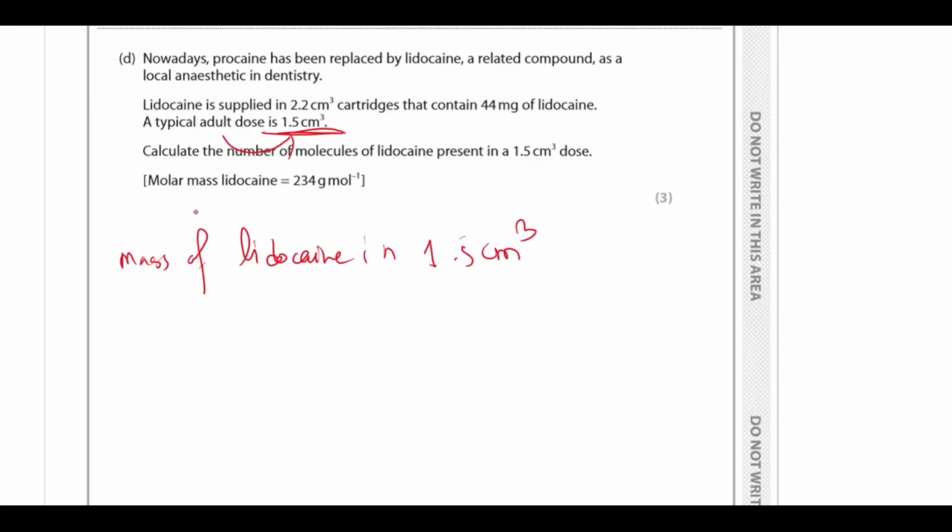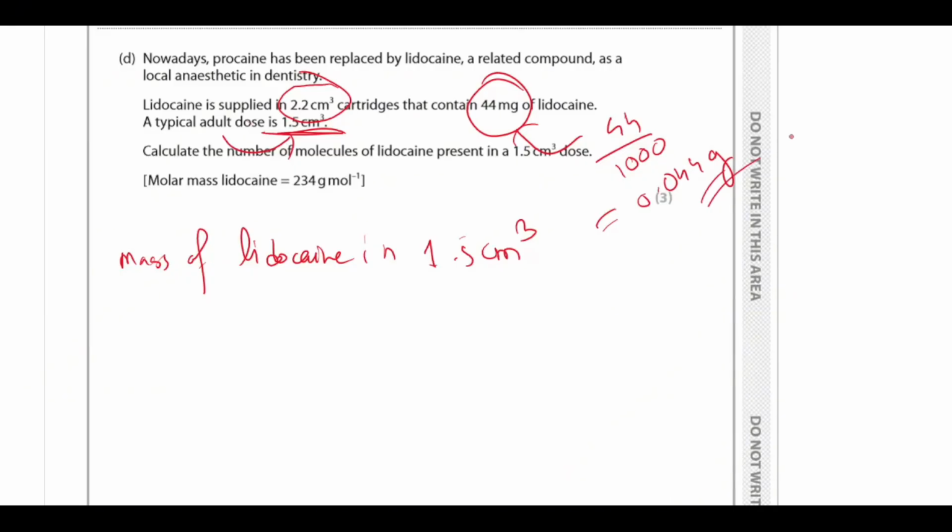So we know a lot of stuff here. At first, we know the volume, and we also know this one down here, 2.2 cm cube, and this is the mass. So we can easily do it. Now we can convert this mass into gram, which would be 44 divided by 1000, giving us 0.044 gram.